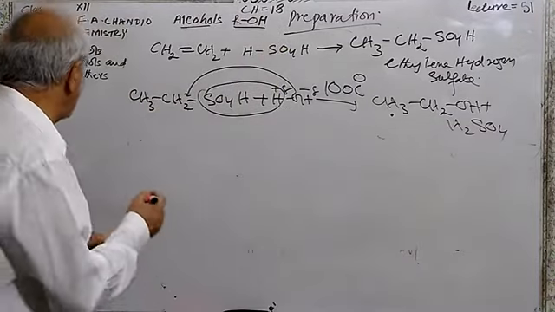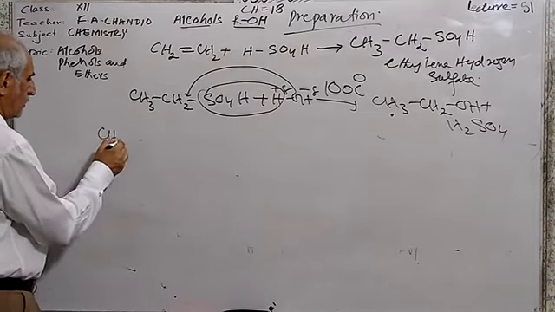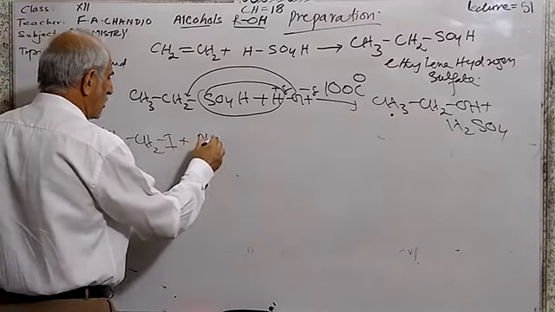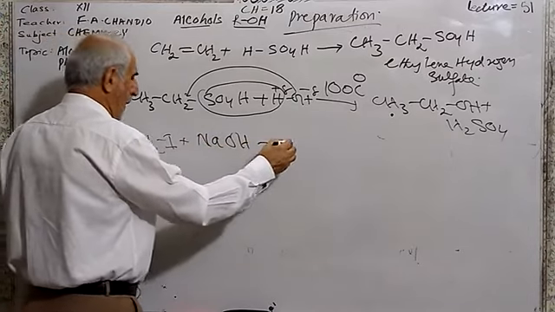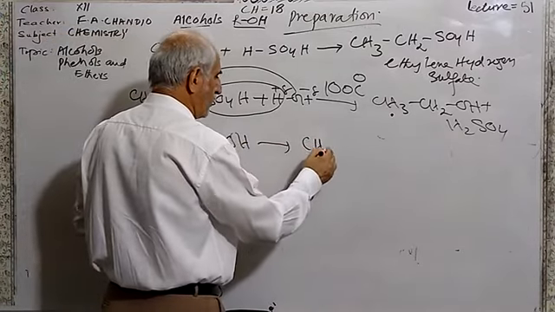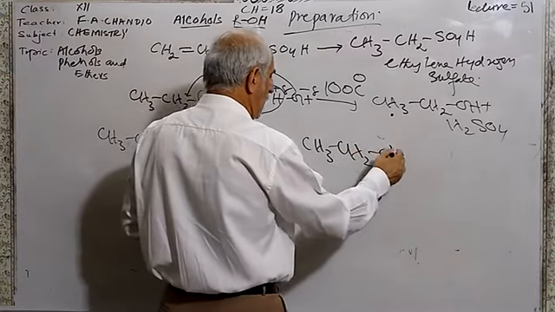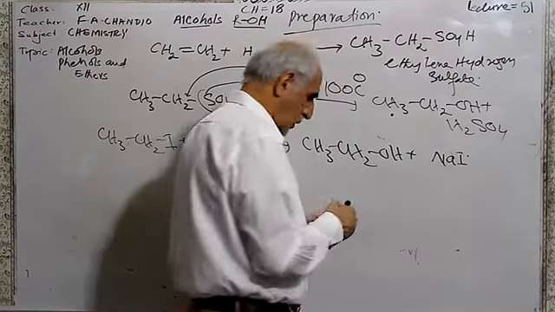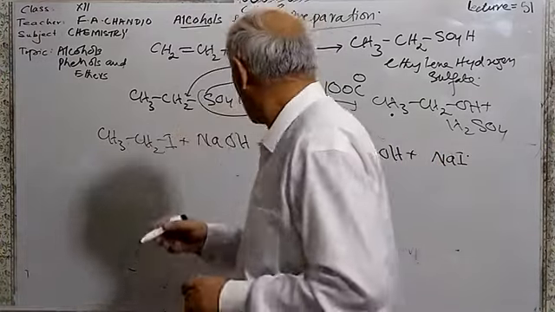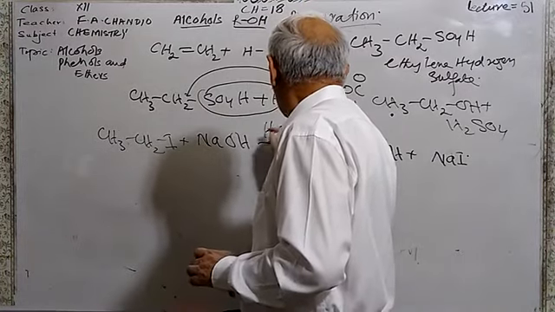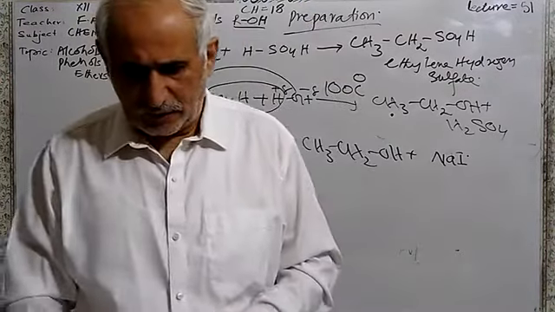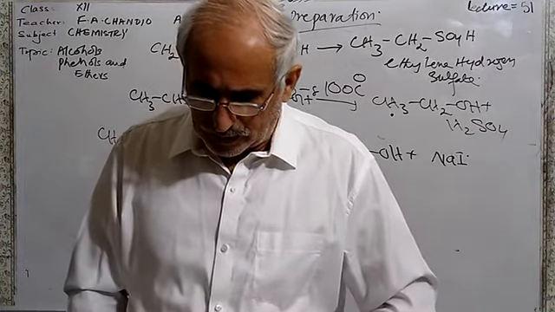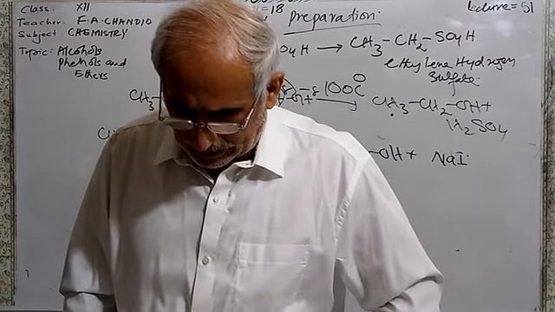So if you have ethyl iodide plus sodium hydroxide, you will get ethyl alcohol and sodium iodide. This is the hydrolysis of alkyl halides in the presence of sodium hydroxide or potassium hydroxide.